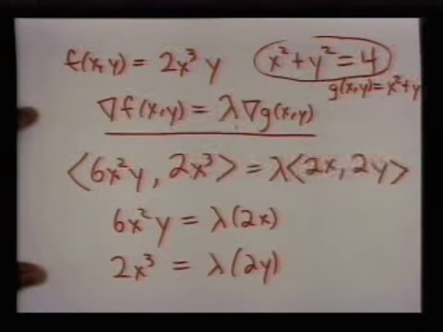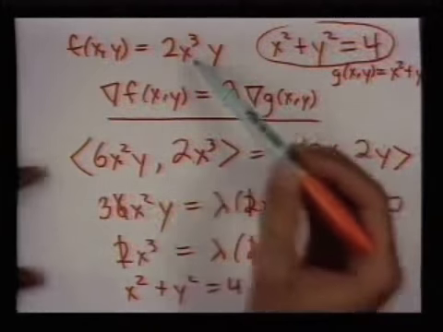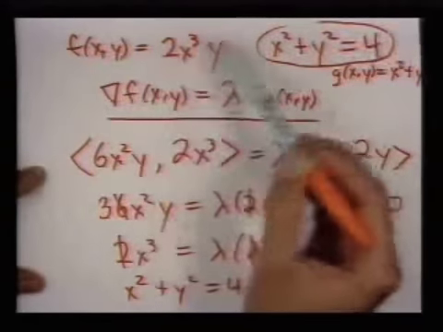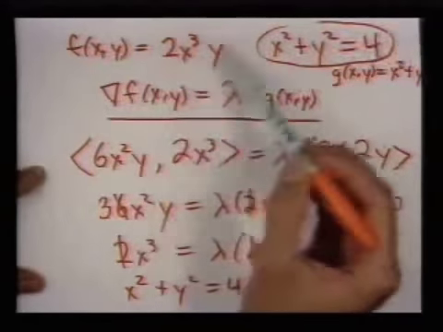And now, initially, one strategy with Lagrange multipliers is to eliminate lambda and then just get 2 equations involving x and y. And now I know that we can assume that x is not 0 by this argument from before. I'm looking for maxes and mins, and even if Lagrange multipliers told me that there are some with x equals 0, I would know that that's not the maximum or minimum because there are points that you can plug in here that make this negative and points that make it positive.